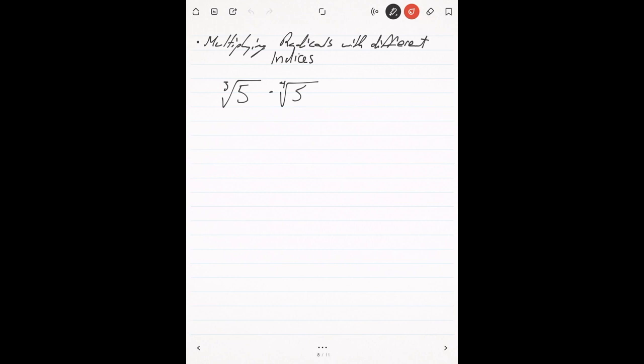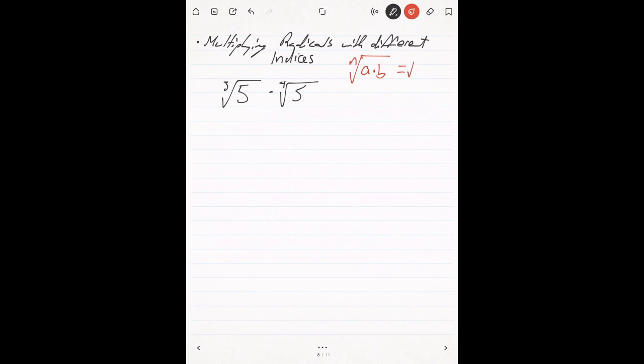Now, let's try to get into some more complicated problems. In this situation, what we're going to do is try to figure out what happens when the indices are different. In all of the previous problems, the indices were the same, right? And that's really what our multiplication property of radicals says.